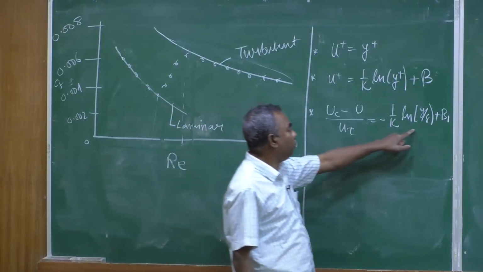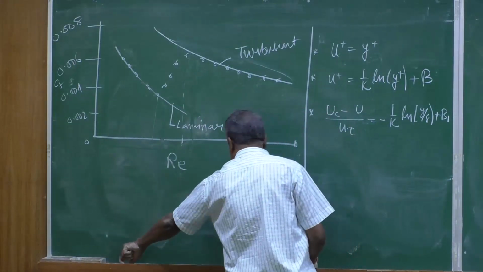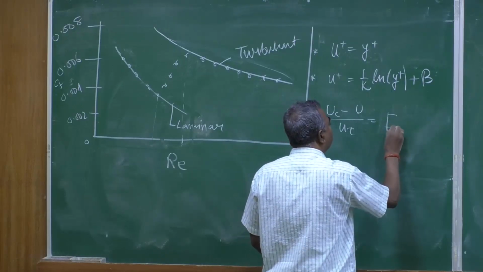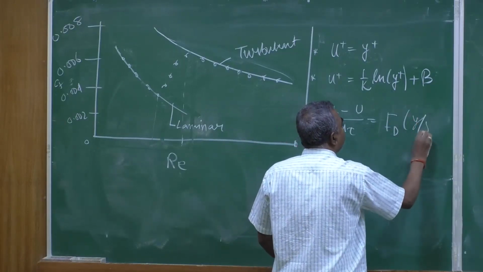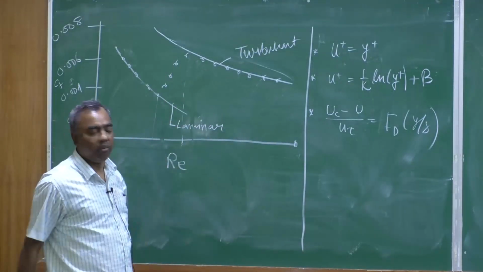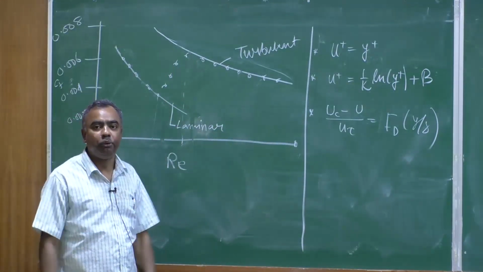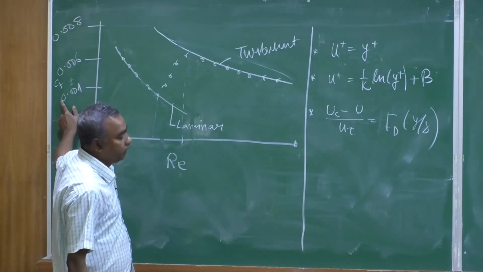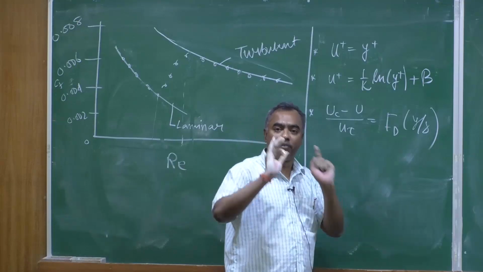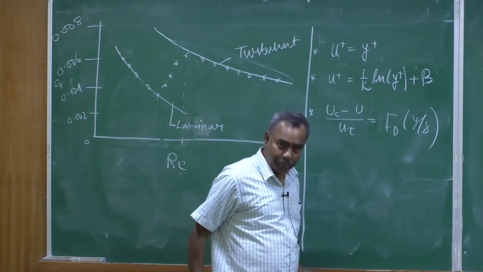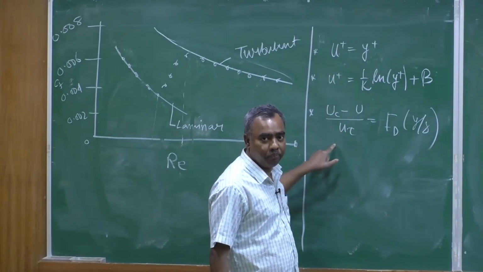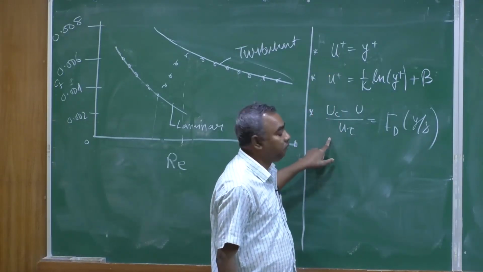This is for the overlap layer, but in general this can be written as a function f of y by delta. So for channel flow our central issues were skin friction and velocity profile, and using the momentum equations and appropriate arguments we could arrive at these three velocity profiles.